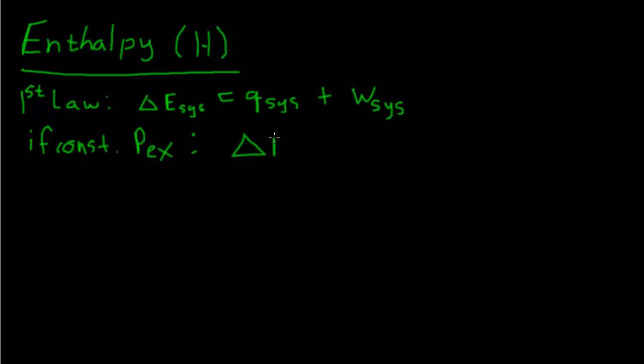So delta E, and I'm going to drop my sys subscripts, but remember that everything I'm talking about is specific to the system, is equal to Q minus P external, that constant external pressure, times the change in volume. This is just my formula for PV work.